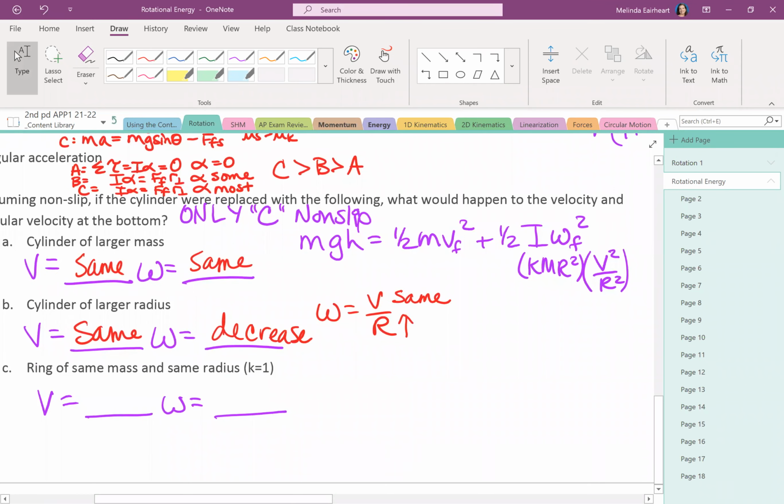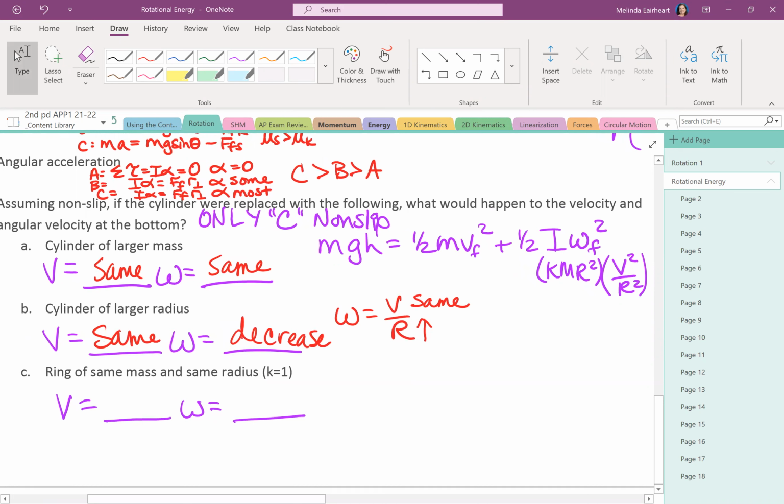And then here's the aha moment of the video. What if we use a ring instead of a solid cylinder? Same mass, same radius. Now it just has a larger shape constant. Go back up to where we solved. We had already come to that conclusion: the larger shape constant gave us a smaller linear velocity. So we know that this is going to decrease.